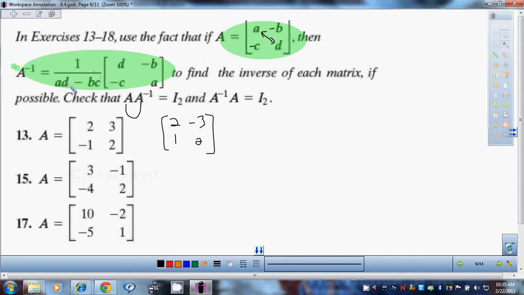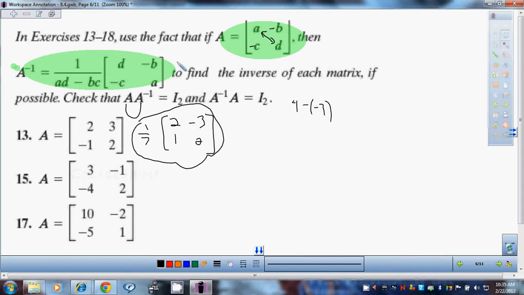AD minus BC is called the determinant. AD is 4 minus BC, which is -3. 4 minus -3 is 7, so 1 divided by the determinant, and this is our inverse. Now you can distribute the 1/7 if you want to, 2/7, -3/7, 1/7, and 2/7, but you don't have to. That's the inverse.